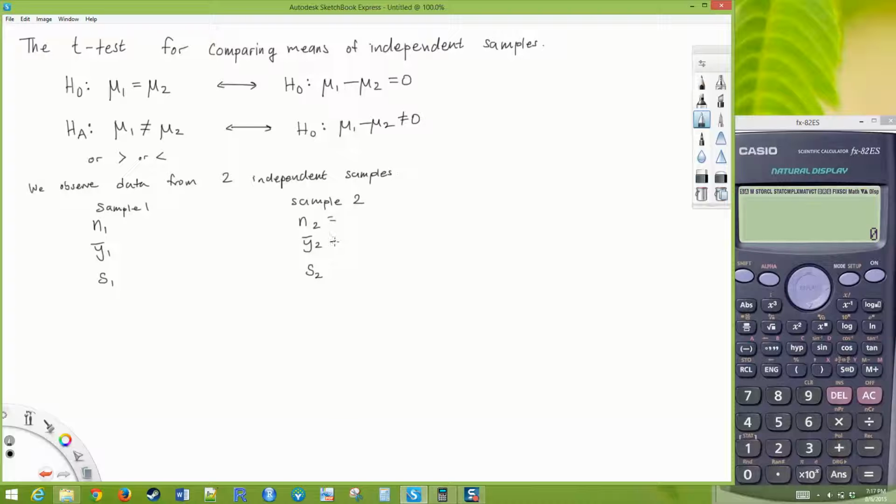Okay, so let's do a simple example. We surveyed 15 men and 17 women.